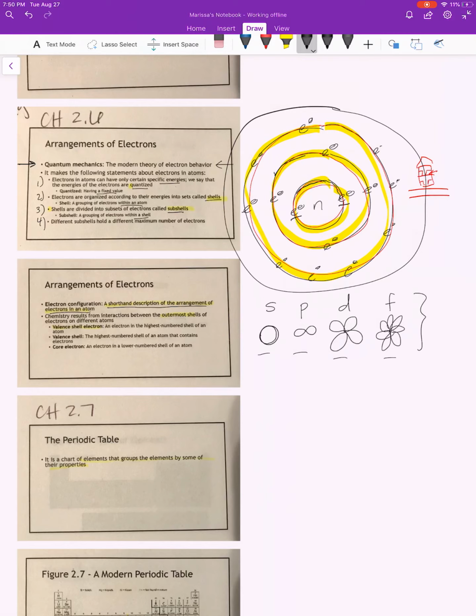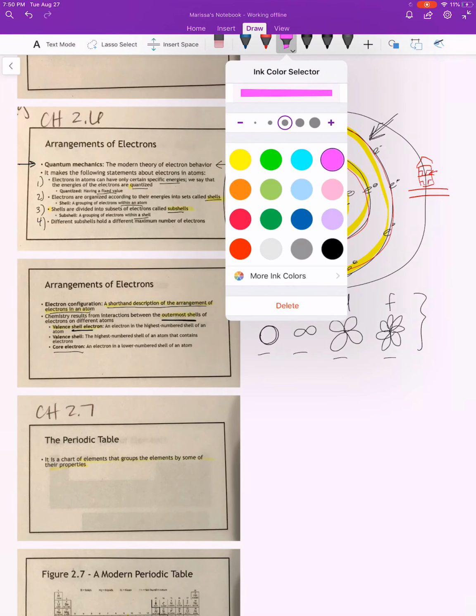Now, most of all chemistry is really associated with just the outermost shell of electrons, so that would be this outer ring right here, because they're the only ones that can really be exchanged in the event of a reaction. And so we call these the valence shell electrons. Valence meaning outer. Let's see if I can pick a different color.